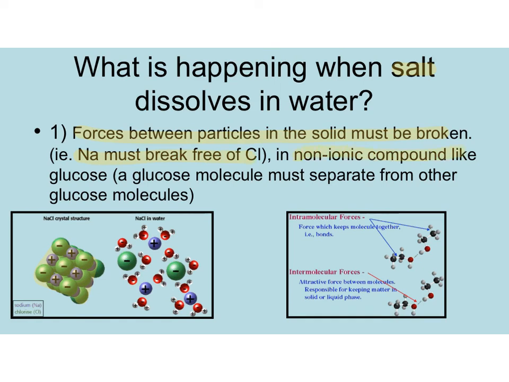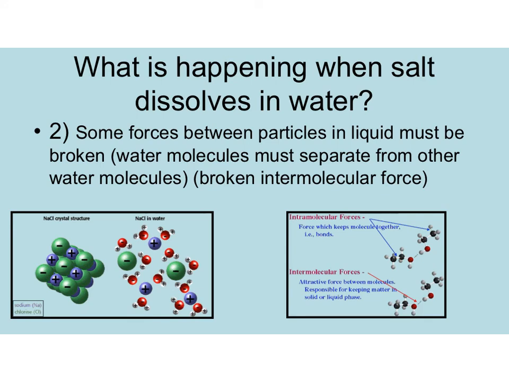In a non-ionic compound, like glucose, you're not going to actually break the molecule apart. What you're going to do is just break the forces holding two molecules together. You won't separate out the molecule. You're not going to break carbon from hydrogen. You're going to basically just separate the dipole-dipole attractions between these molecules, and that's why they dissolve pretty easily.